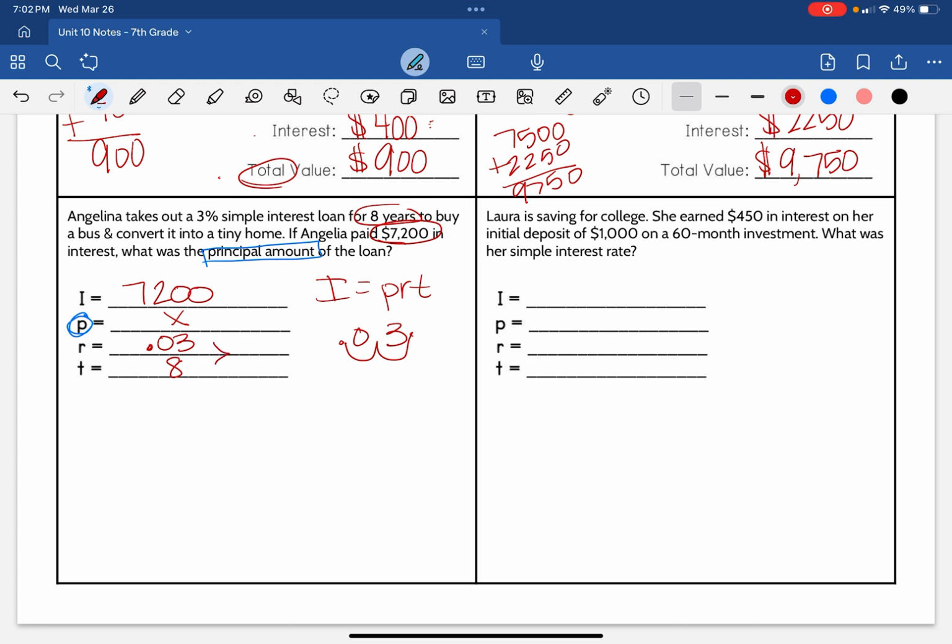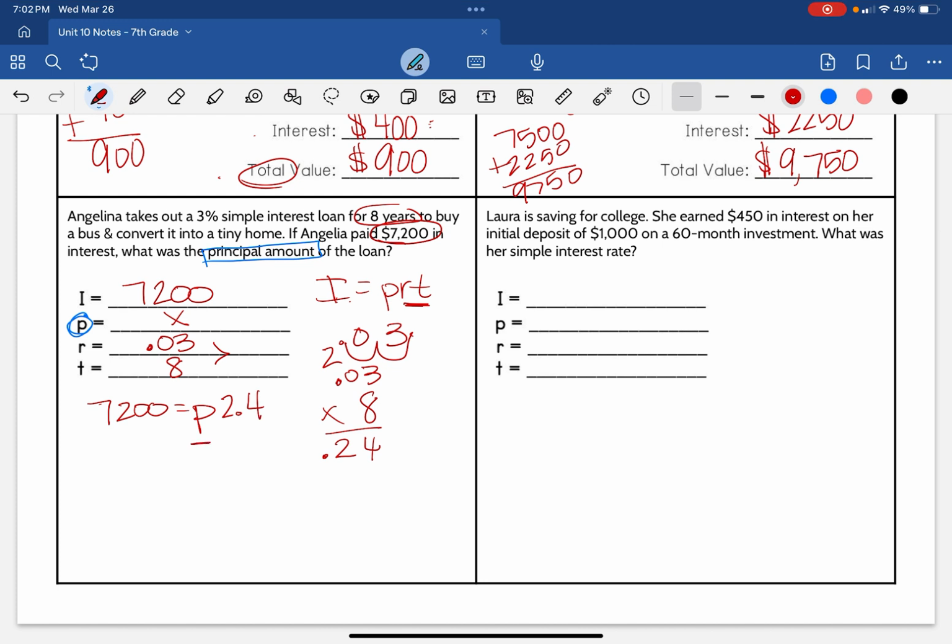So we're going to start here with these two because they're here in my formula already. So 8 and 0.03, I'm going to multiply that. So it's 0.24. So if I write all this out, I'm going to have 7,200, because that's my I, equals P times 0.24. I have to solve for this.